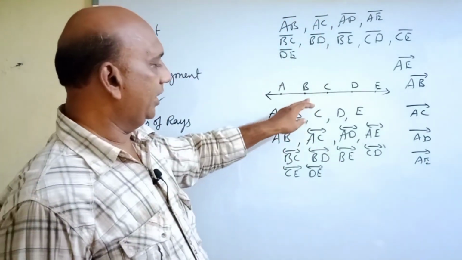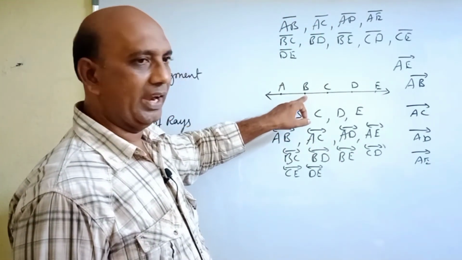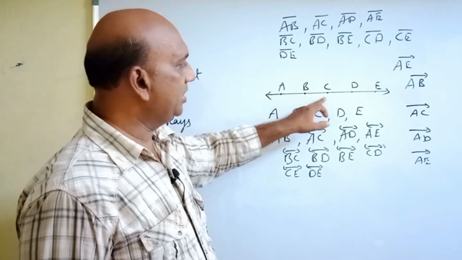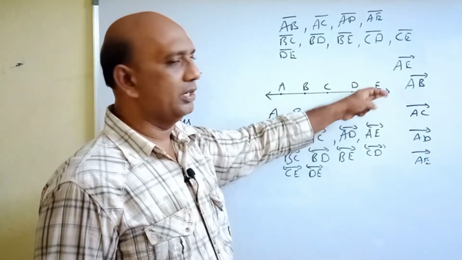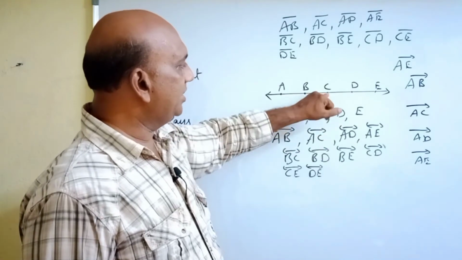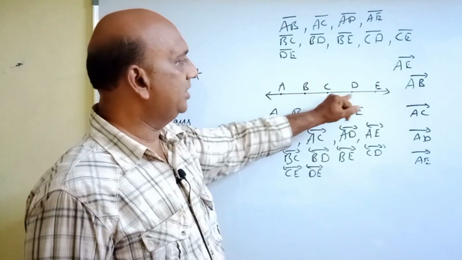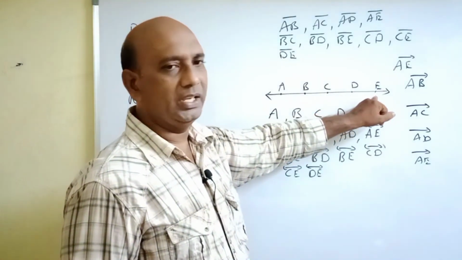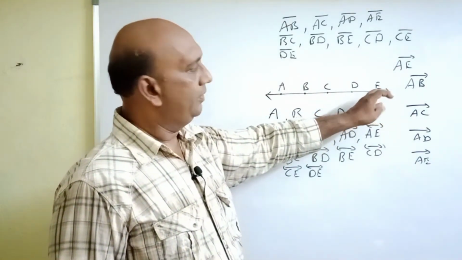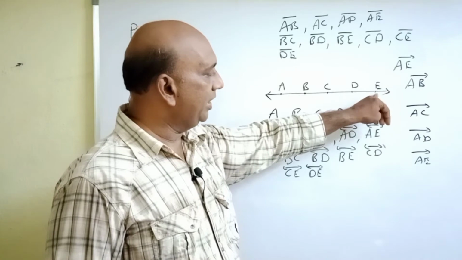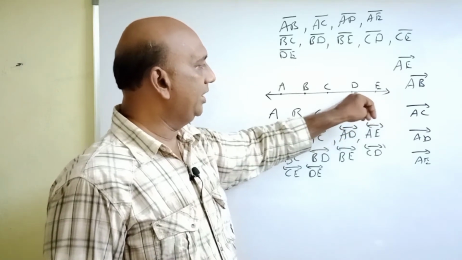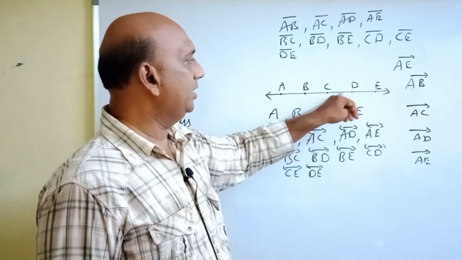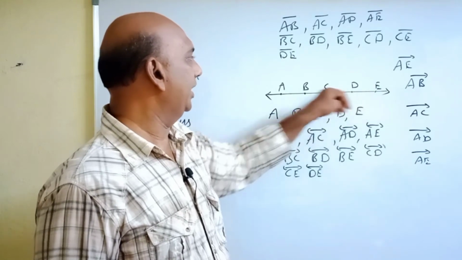And we can write, taking B as endpoint, ray BC, ray BD, ray BE and so on. If we take C as endpoint, CD, CE, like that. If we take D as endpoint, we can indicate it as ray DE. From this side also, if we take E as endpoint, ray ED, ray EC, ray EB, ray EA.